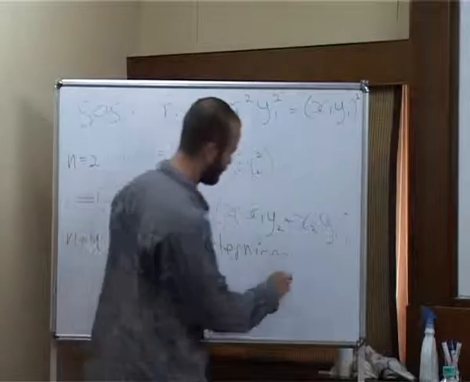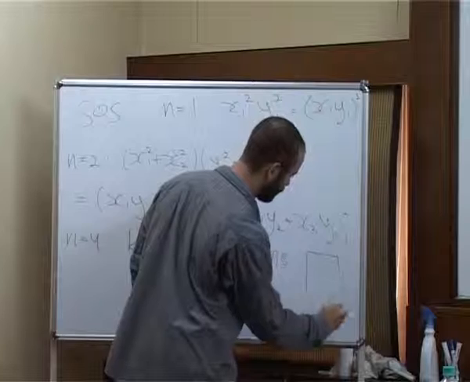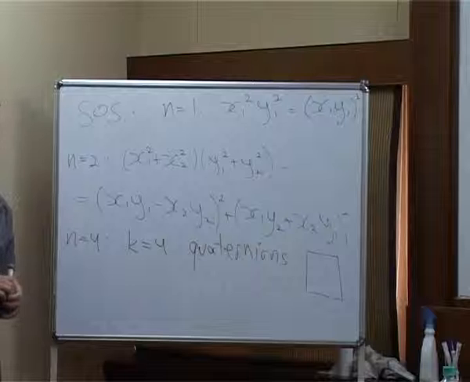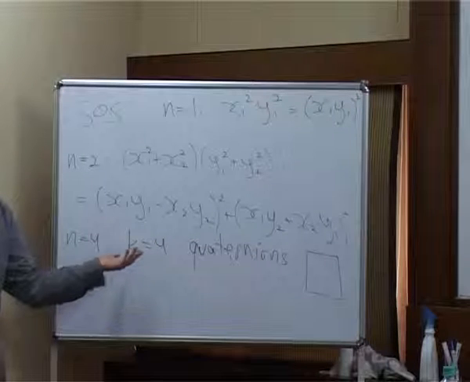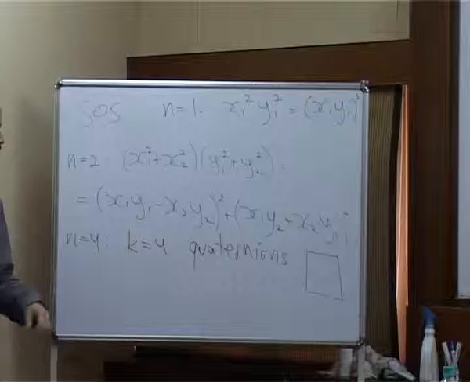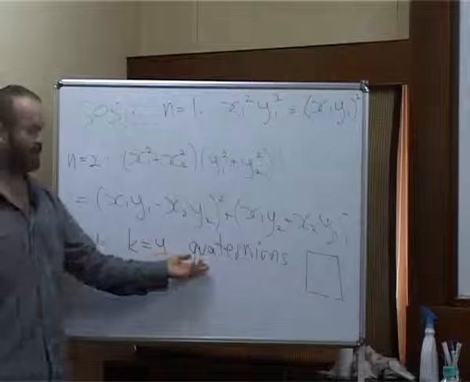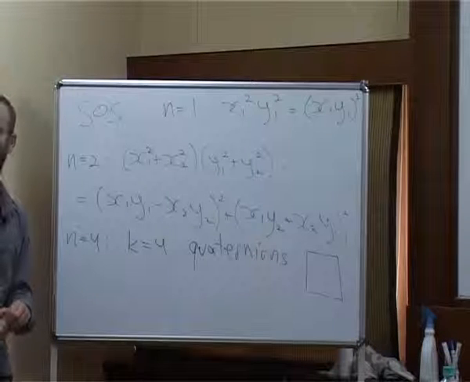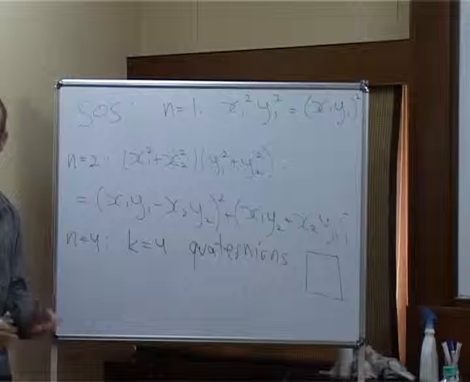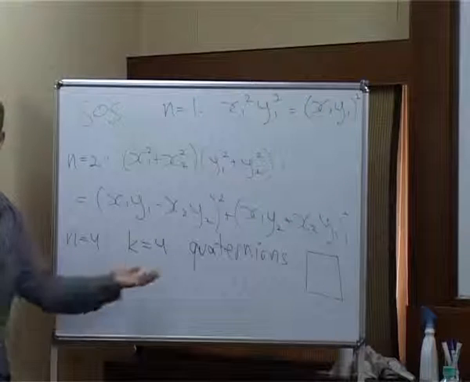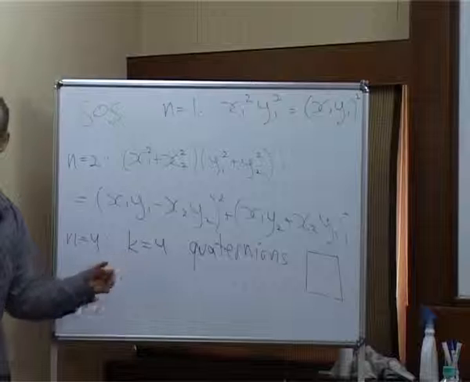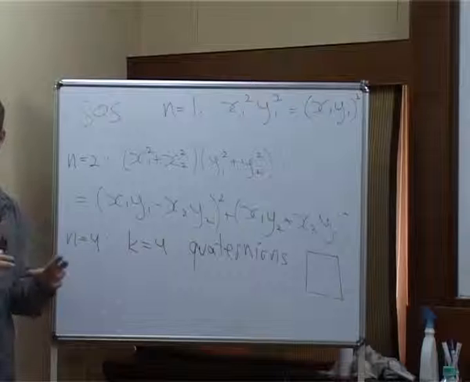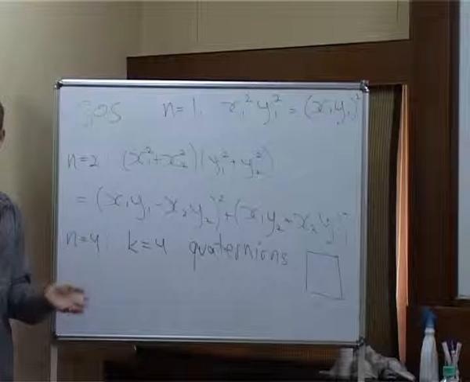Now, if I had been doing a presentation, this would be a picture of Hamilton, who spent a lot of time thinking about quaternions. There is some bridge in Dublin, I think, where he crossed, and in the middle of crossing the bridge, he thought about the quaternions, and he found it so remarkable that he put a plate on the bridge saying something like, here I thought of the quaternions.